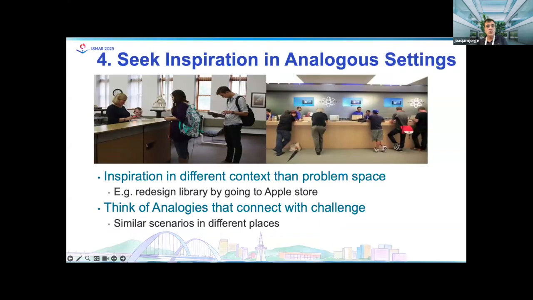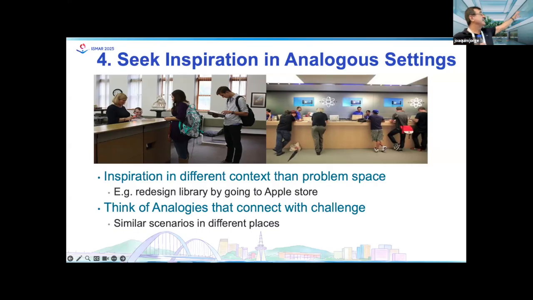Try to get information from analogous settings. For example, if you want to redesign your local library, you can go to the Apple Store and see how people interact with others, with other buyers and the assistants in the Apple Store, and think of metaphors that can help you connect that challenge.